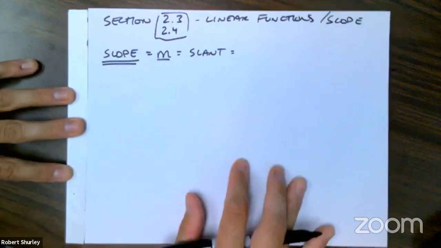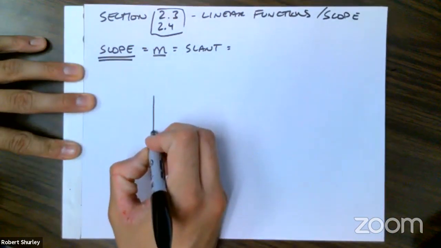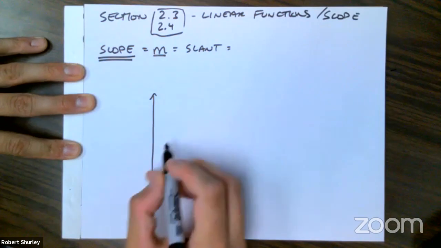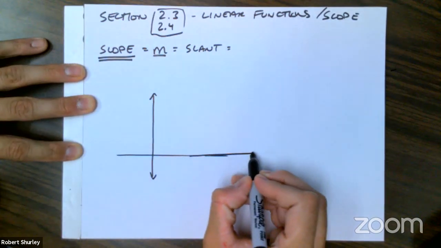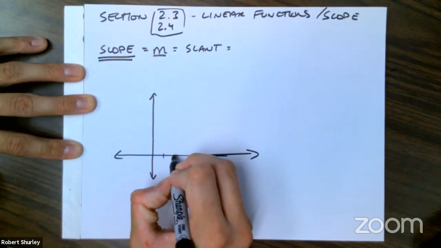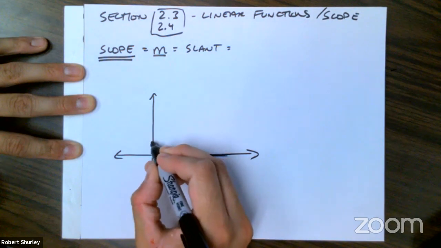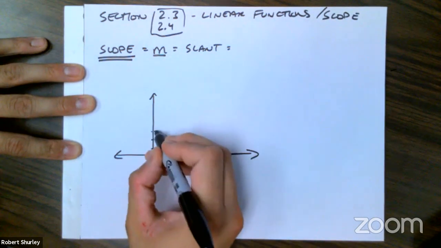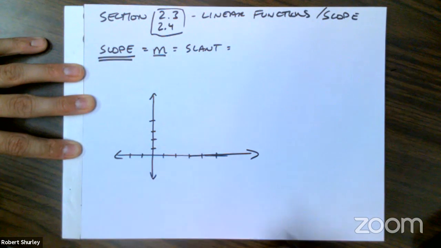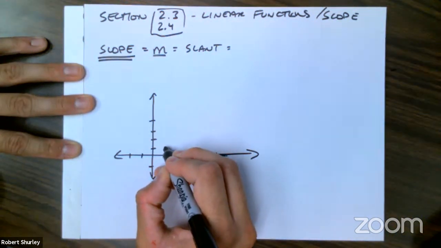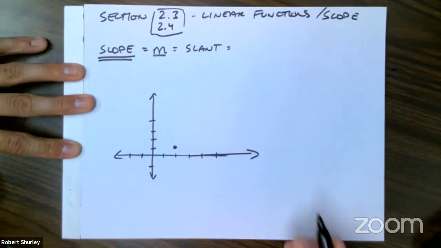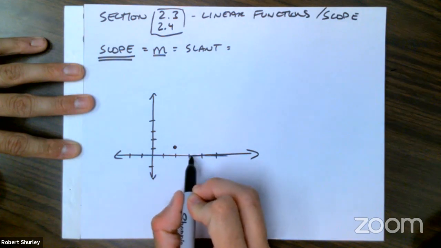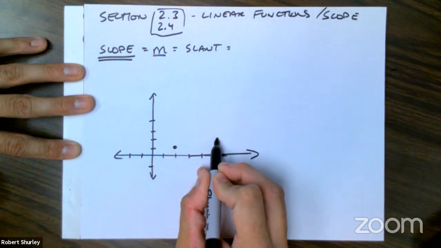So let's say we had a line. Actually, we'll do two different lines. How about that? 1, 2, 3, 4, 5, 6. We'll say this first line goes through (2, 1), and then it goes through (5, 2).